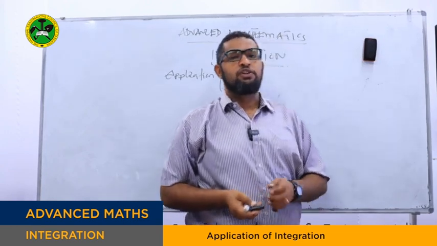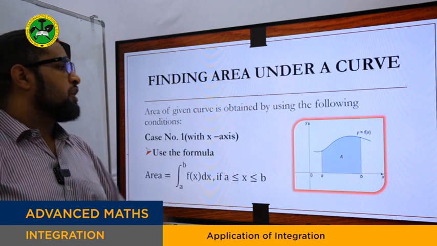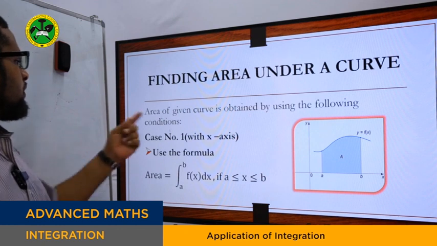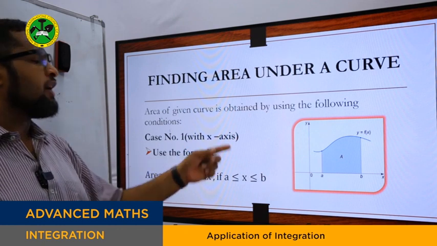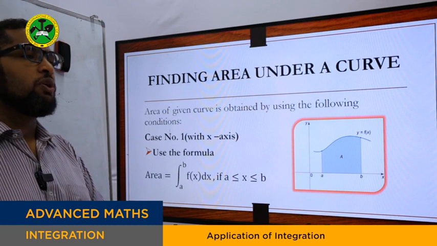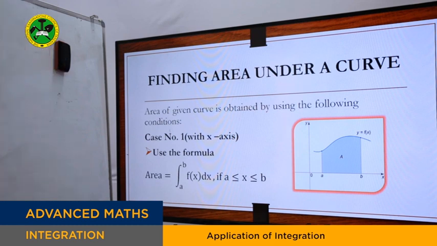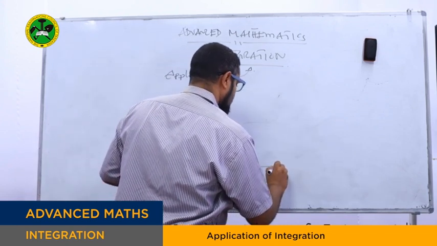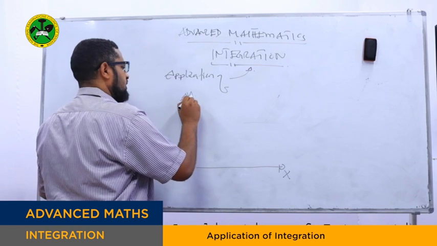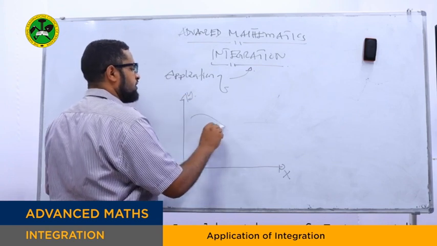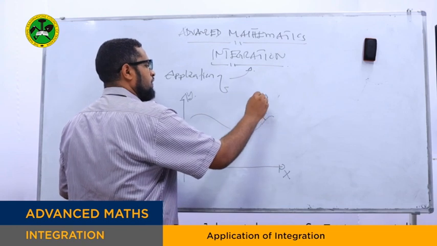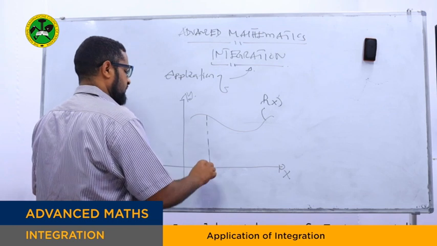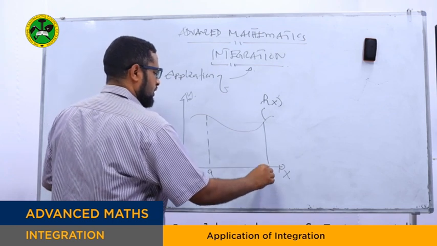Now, if you look here on the screen, area under a curve is obtained by using the following conditions. We have two cases. Case number one is when the function or the curve is drawn with respect to the x-axis, the horizontal axis. The curve is like this one. That is y and that is x. Let's assume this is our curve f of x, and we are given the limit from a up to b.